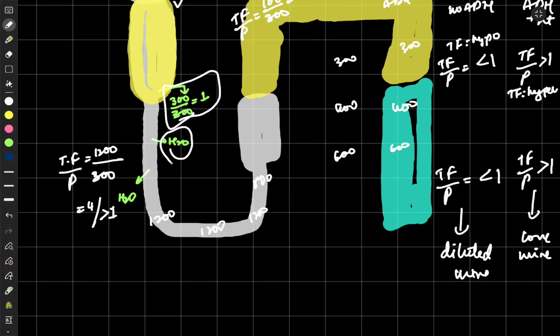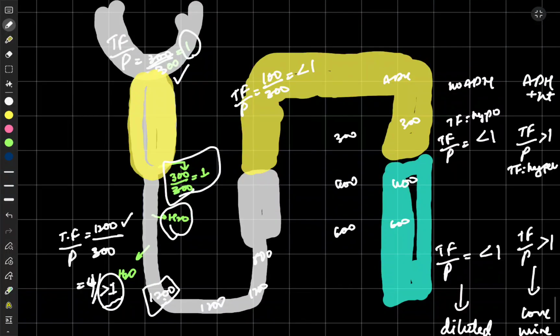In this part, as we are losing water, the tubular fluid osmolarity increases to around 1200 osmol, so TF/P is usually 4, or it is more appropriate to say that it is greater than 1. While moving upward, it gets hypoosmolar. The tubular fluid is around 100, and the overall TF/P ratio is less than 1.